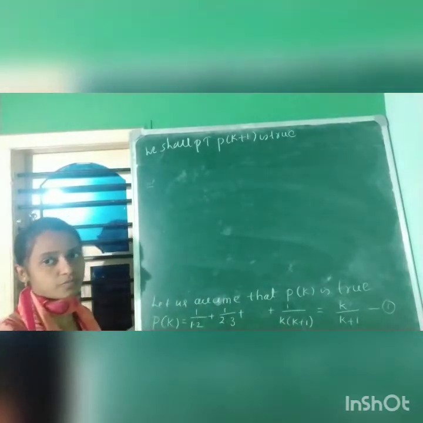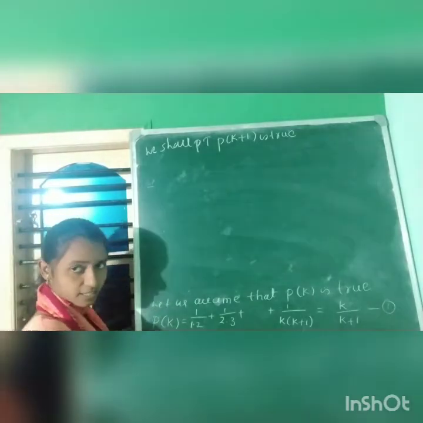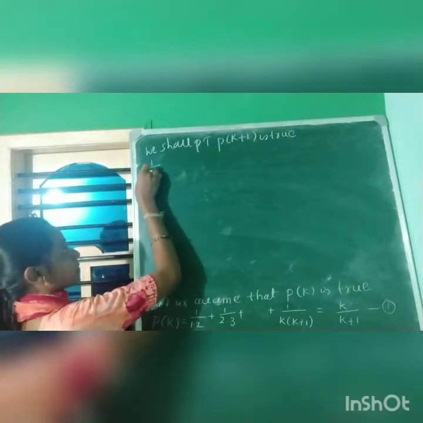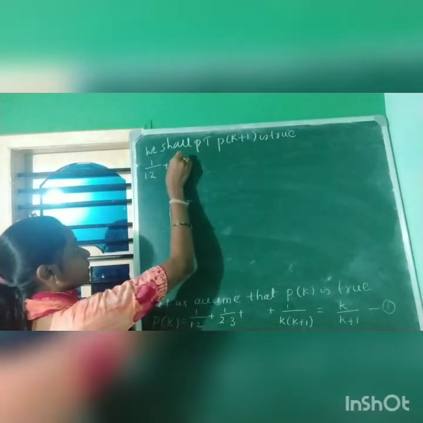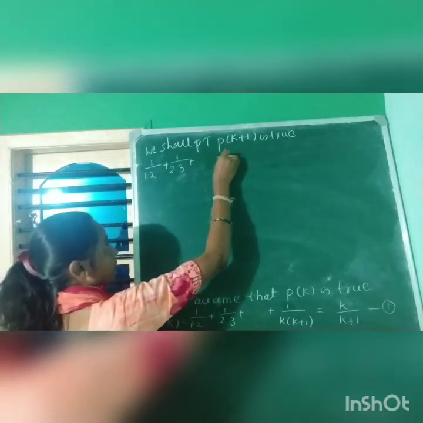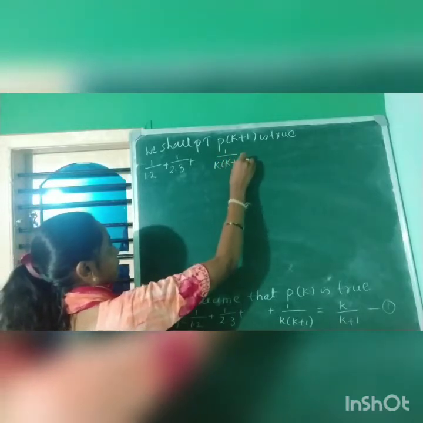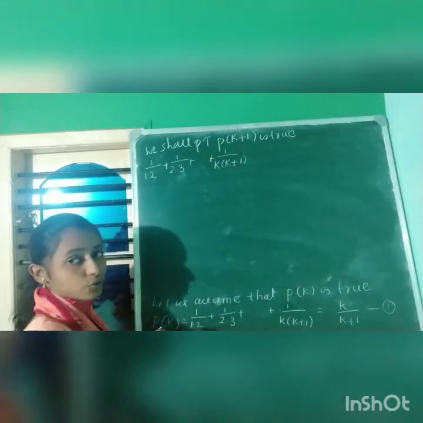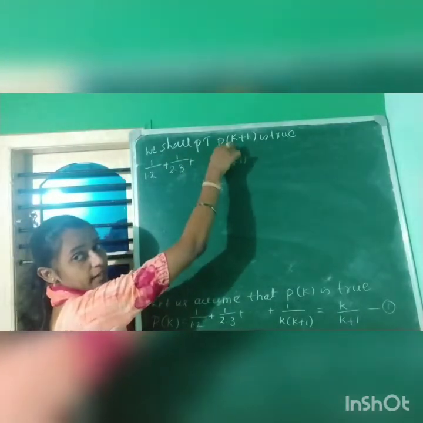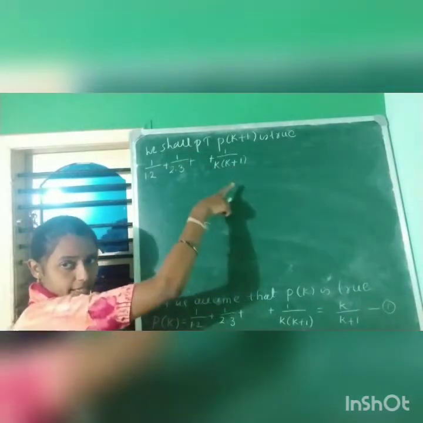P of k plus 1 is true. Okay, so I can write this series as 1 divided by 1 into 2 plus 1 divided by 2 into 3 plus up to 1 divided by k into k plus 1. So what I'll do is, once I write this statement, immediately you need to write the given statement in terms of k.